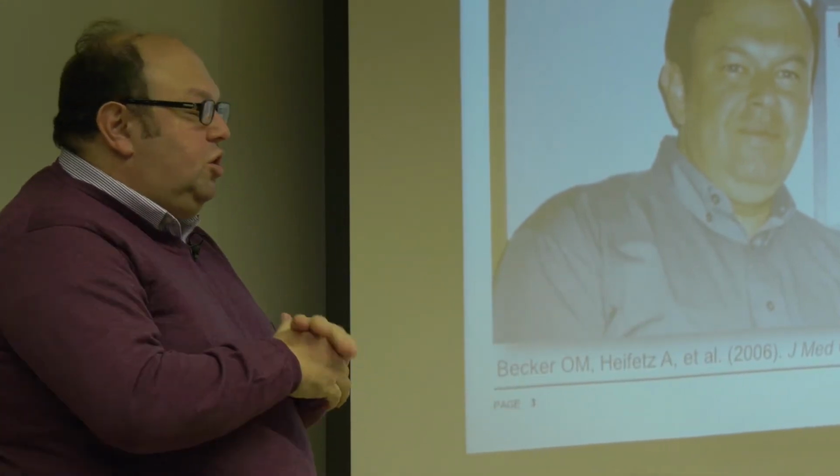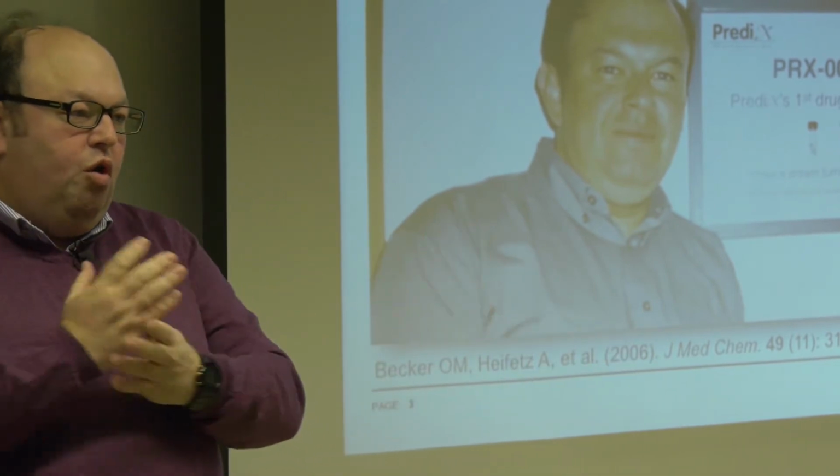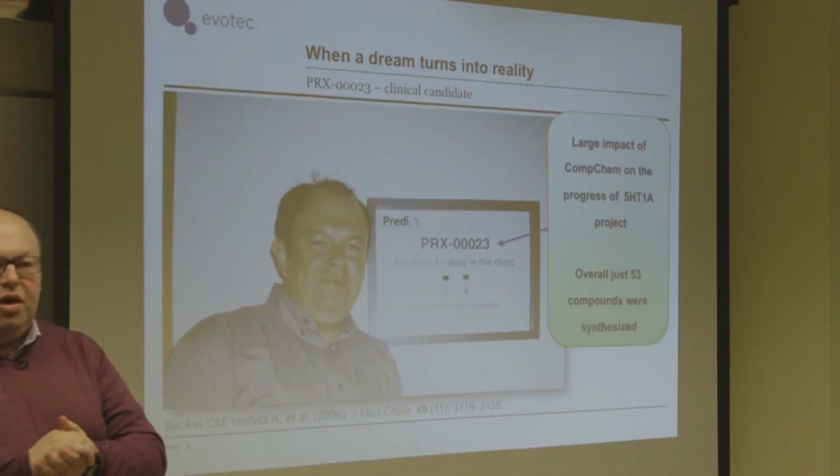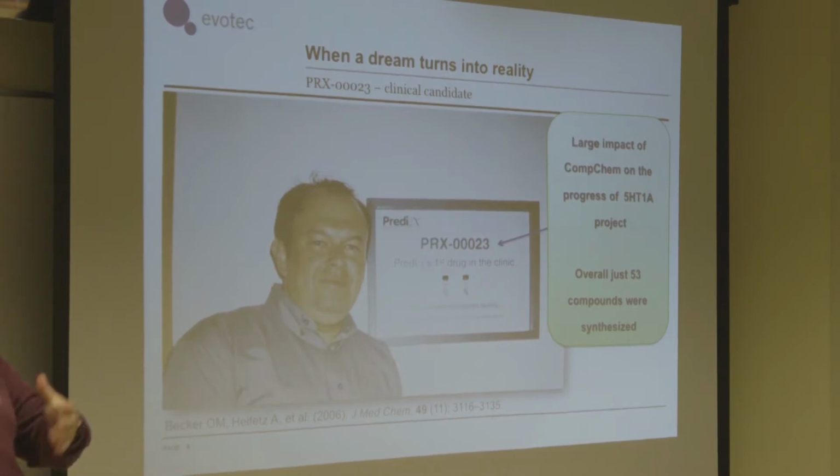If you look at how many compounds pharmaceutical companies make for each project, the numbers are in the thousands. They make thousands of compounds, even with all the sophisticated tools that we have.